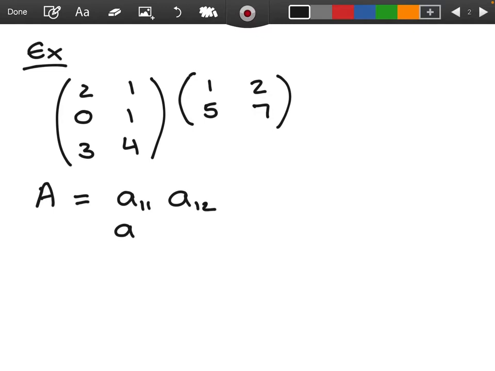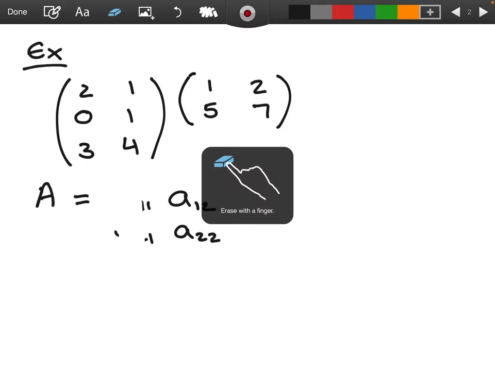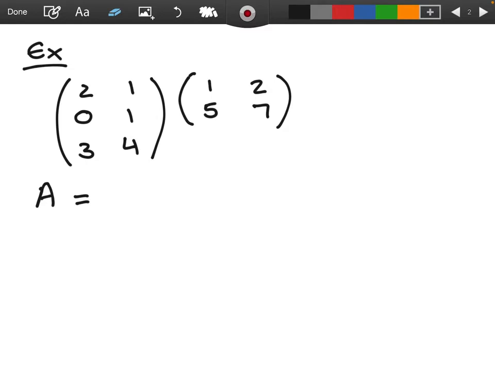The entry that was in the first row, second column was A12. The entry that was in the second row but first column was A21, etc. And you filled it out like this. This is going to be very useful when we multiply these together.